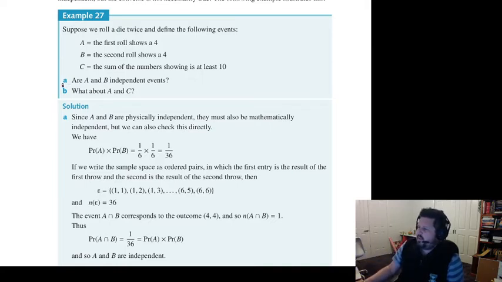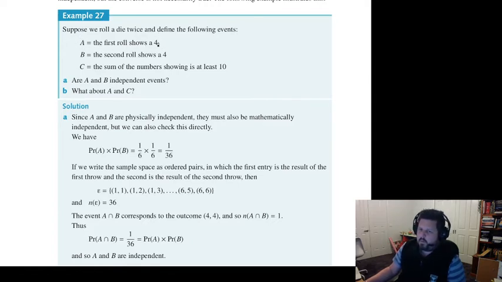So it says here, first of all, are events A and B independent events? So here's how you'd go about proving this. It says here, since A and B are physically independent, so you're rolling the dice physically twice, they also must be mathematically independent. But we can check this mathematically. So again, if you have the probability of A multiplied by the probability of B. If we think about the probability of A, the first roll shows a 4.